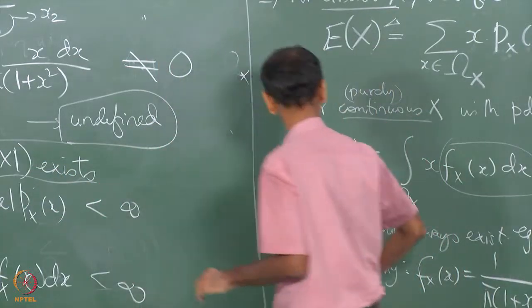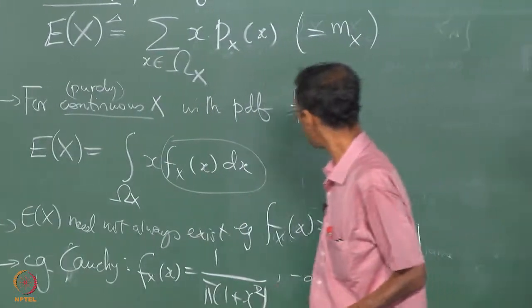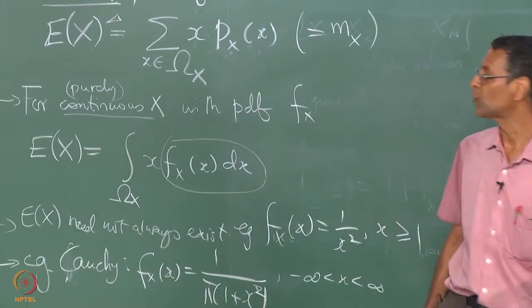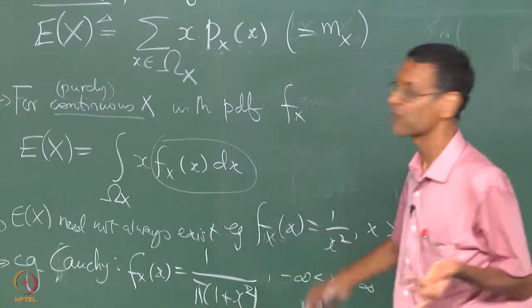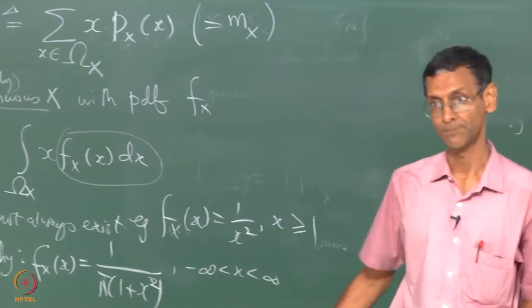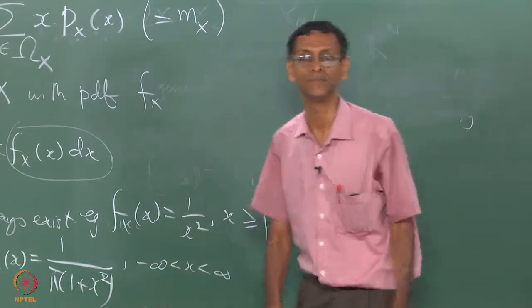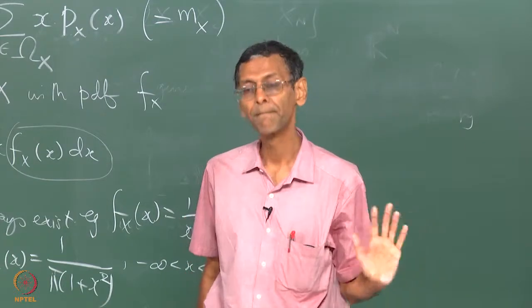The fact is that we do deal a lot with Cauchy PDFs. The Cauchy PDF has a very strong tail, which falls off only as 1 by x squared, and no PDF which has a tail that falls off as 1 by x squared has a mean value, whether it is one sided like this or two sided like this. This is clear, that is all I want to say.